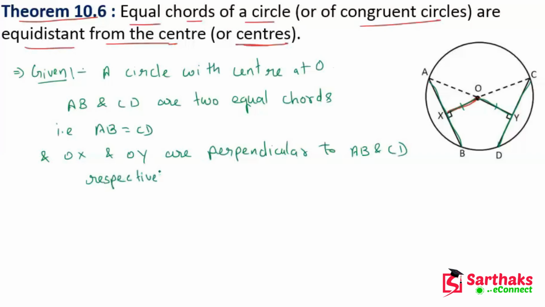This means OX is perpendicular to AB, and OY is perpendicular to CD. We have to prove that OX is equal to OY, meaning this line is equal to this line. Now let's start.